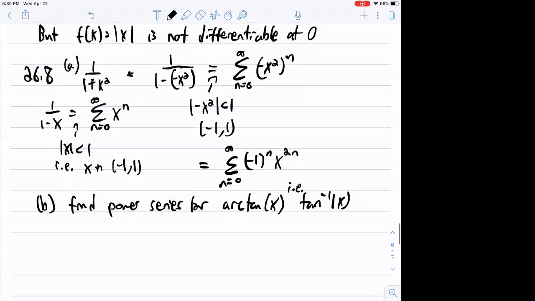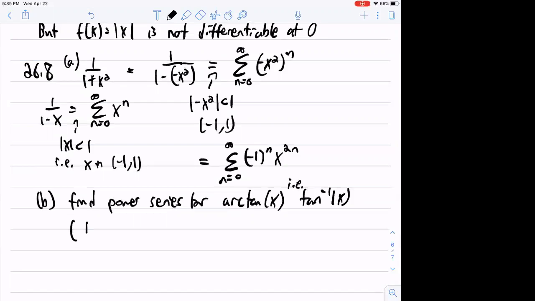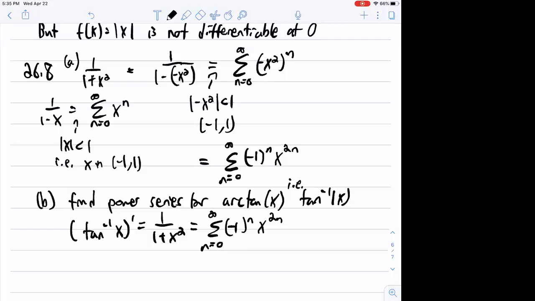So we know the derivative of arctan is 1 over 1 plus x squared, and we just calculated its series. How can I get the power series for arctan?